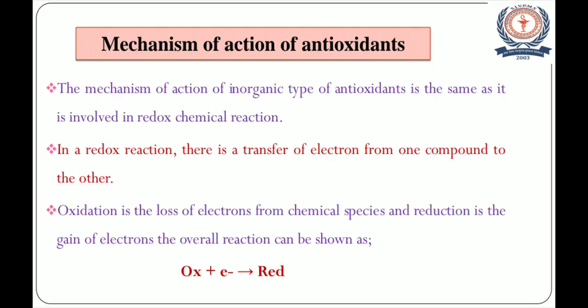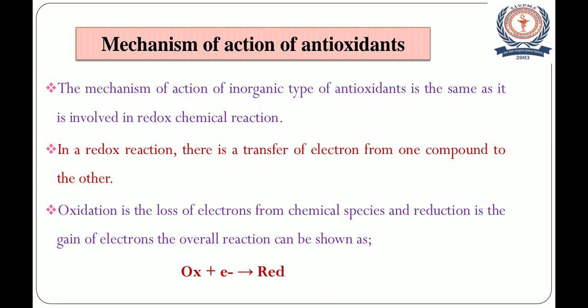Now moving ahead with the mechanism of action of antioxidants. The mechanism of action of inorganic type of antioxidant is the same as it is involved in redox chemical reaction. We have just discussed what a redox chemical reaction is. So what happens in a redox reaction?